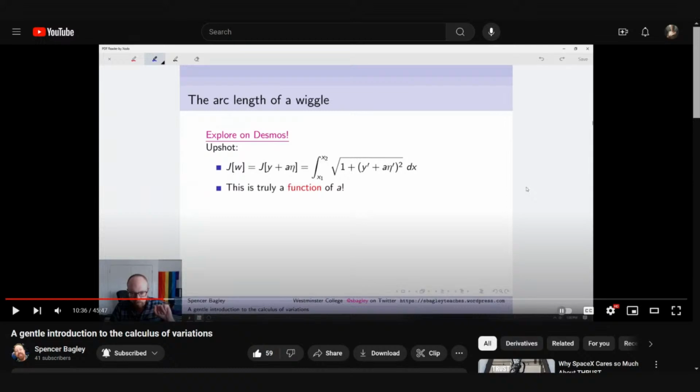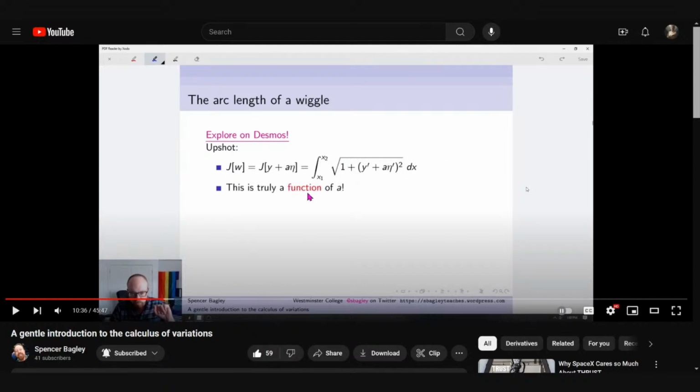J is a functional? Yeah, the functional of any function gives me the arc length. Okay, so the function is w. W is y plus a eta. So the integrand is the square root of 1 plus y prime plus a eta prime squared.